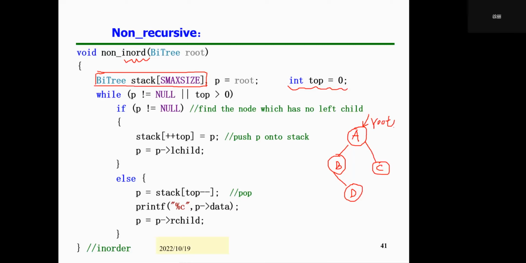So root is a pointer that points to the node A. This is the root. When we start from A, can we visit A now, or can we output A?